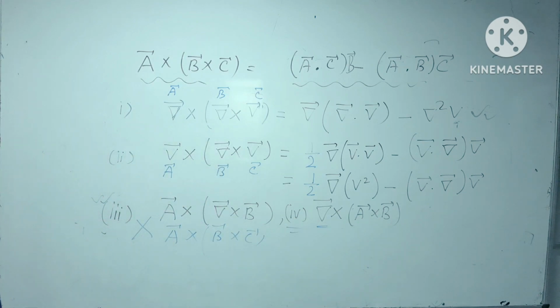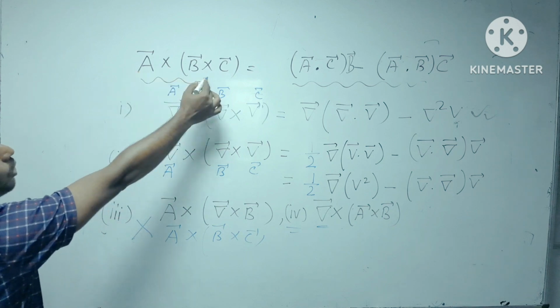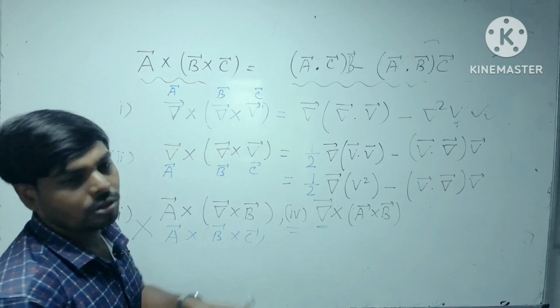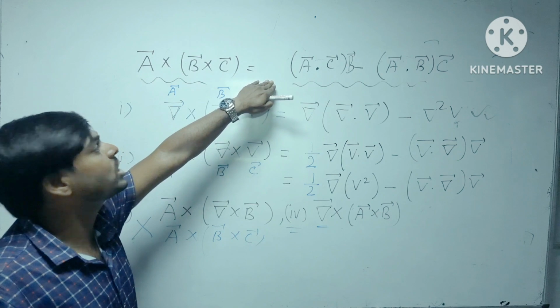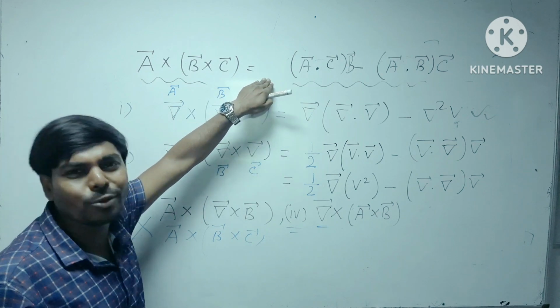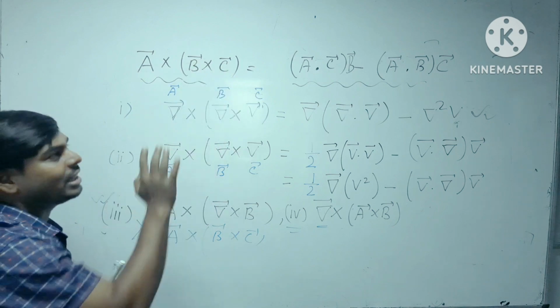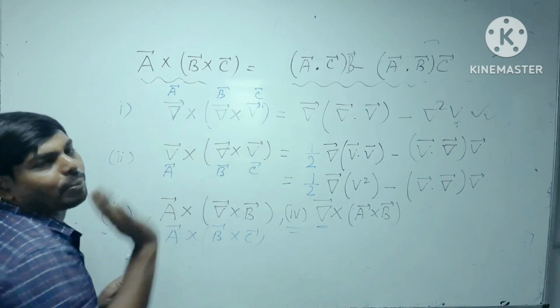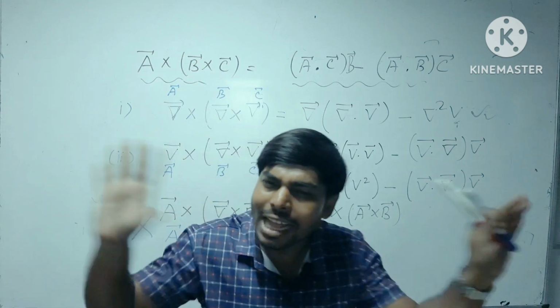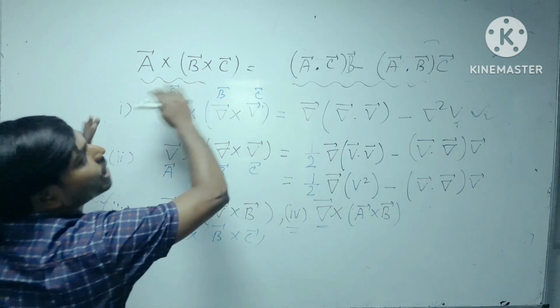So a vector cross b vector cross c vector, কখন তুমি এই ফর্মুলাটাকে ইউজ করবে? Only if these are the vectors, there is no nabla term. যদি nabla term না থাকে, নির্দ্বিধায় you can use this one.